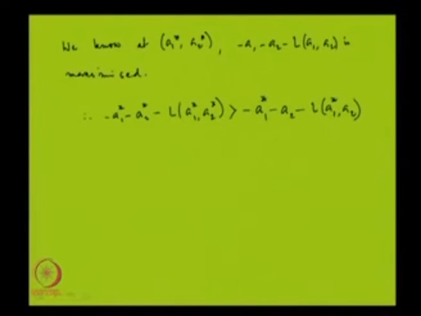I am just taking different values of A2, and I know that at A2 equal to A2 star, this is being maximized. So, this is being maximized at this value also.